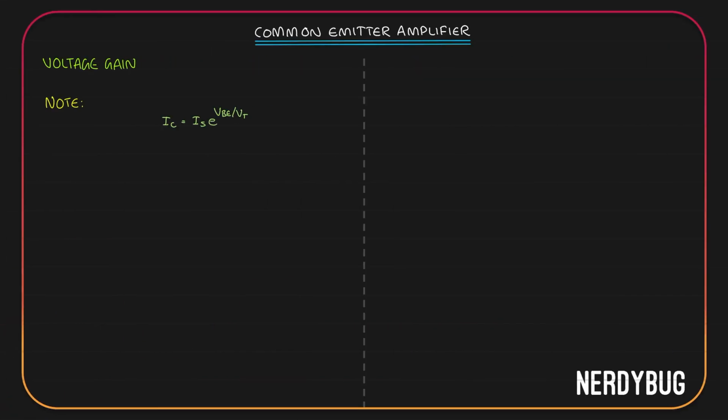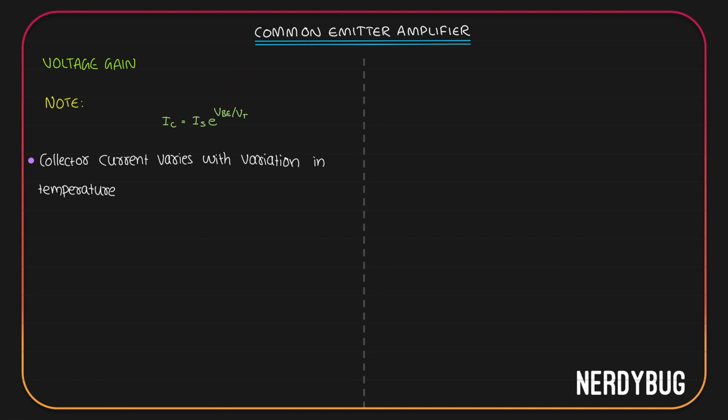Now, let me introduce you to a problem we have. We know the collector current IC is given by Is e raised to VBE by Vt. Here Vt is the thermal voltage, it depends on temperature, which means the collector current will vary with the variation in temperature. Also, it depends on VBE, the base emitter voltage.